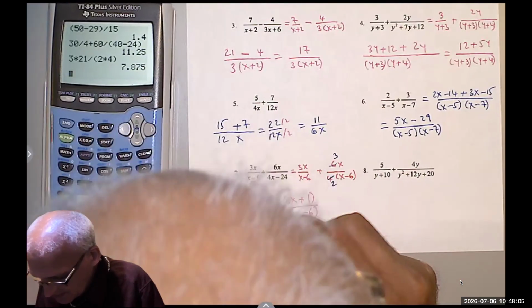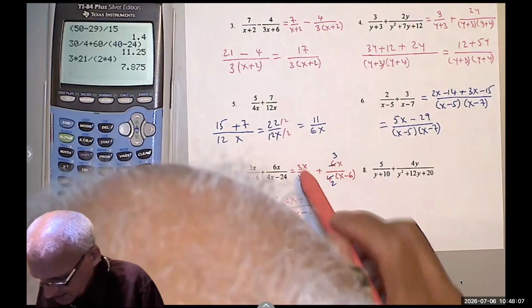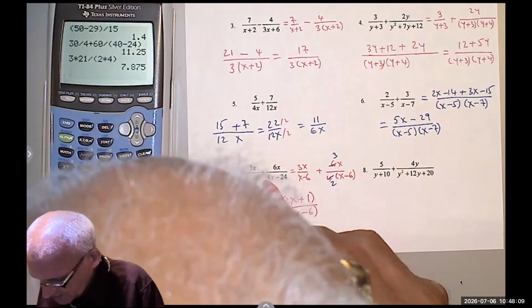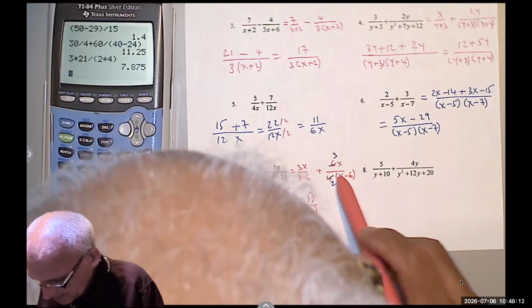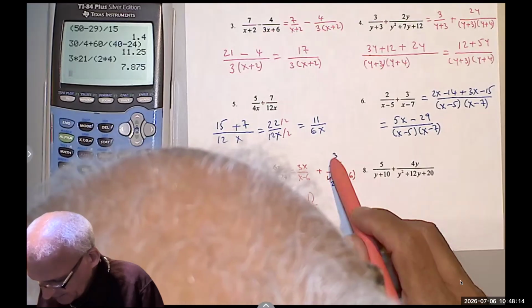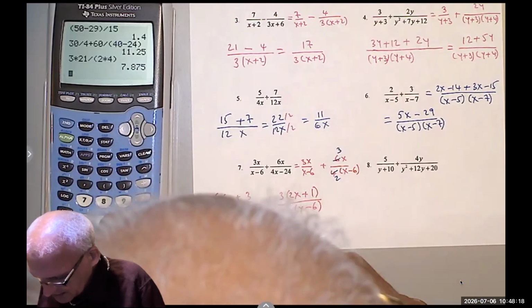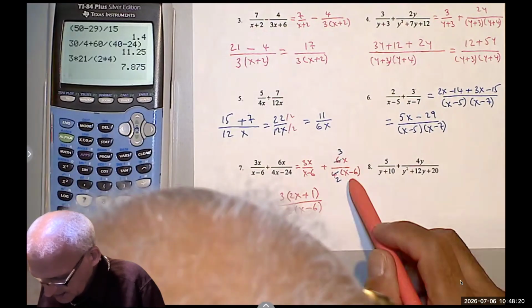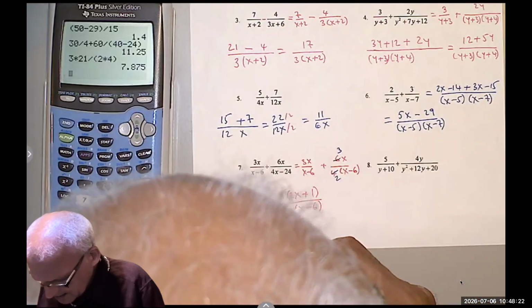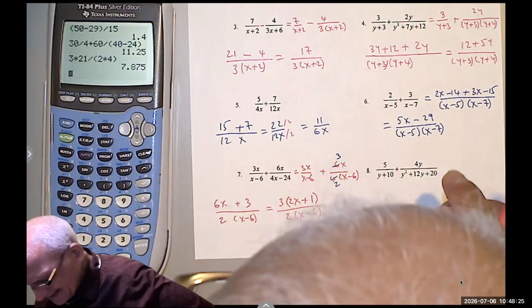Okay, x minus 6, 3x over x minus 6, plus 6x over, we factor out the 4 times x minus 6. Simplify this as 3x and 2. So 2 times x minus 6. 2 times that is 3x plus 3. That is amazing.